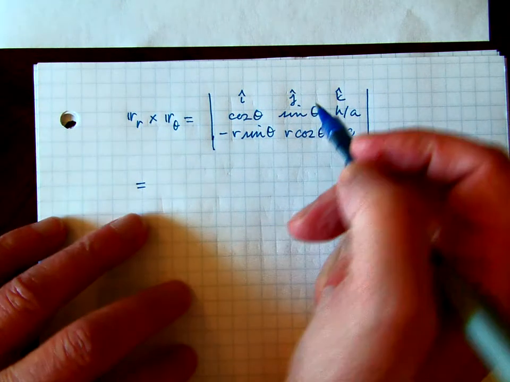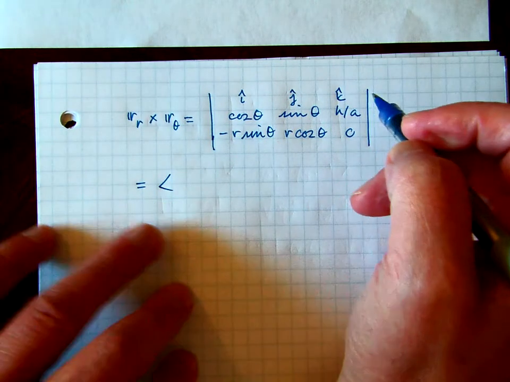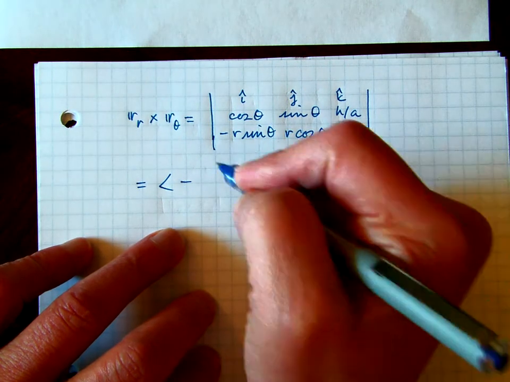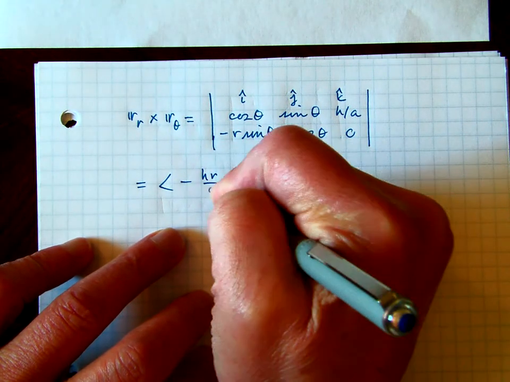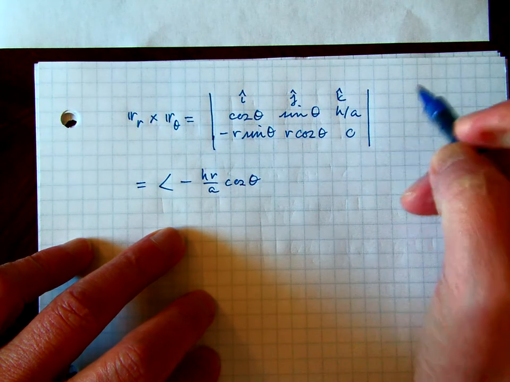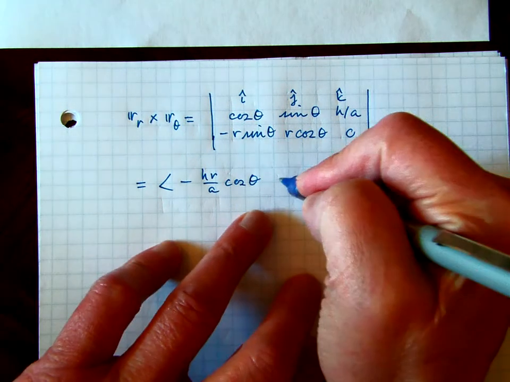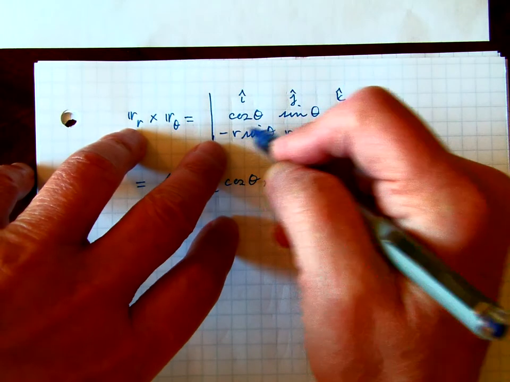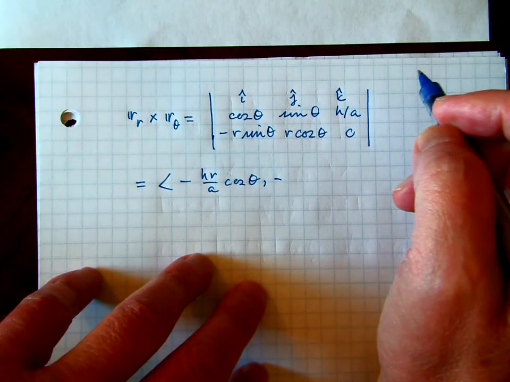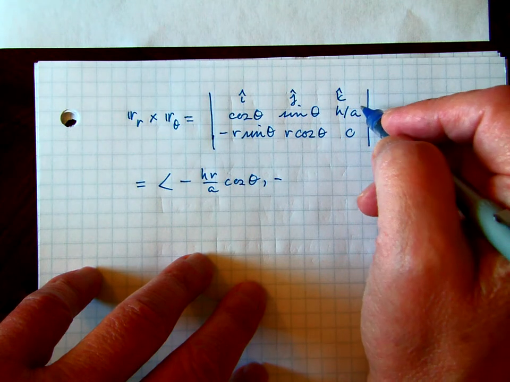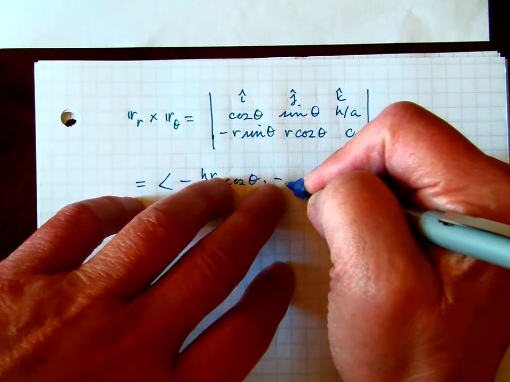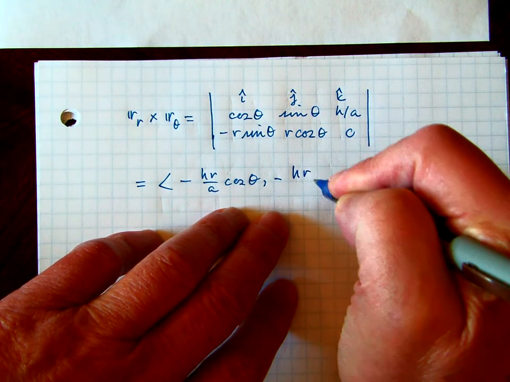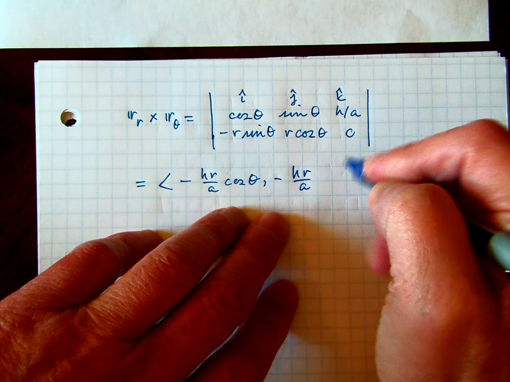When we're doing the cross product, the first thing we get for i is 0 minus hr over a cosine theta. Then we get a minus sign on the j term, 0. This minus would cancel and it would go away, but we have an extra minus, so we still have a minus: hr over a sine theta.